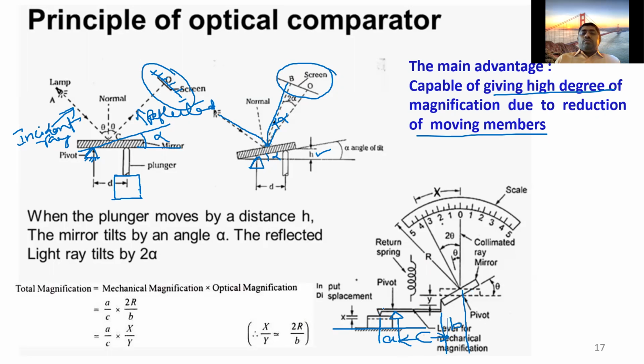We have the plunger or lever, which carries the plunger, and this lever is connected to one end of the mirror. We also have a calibrated scale. There is a return spring which brings the system to the zero position when we remove the workpiece.